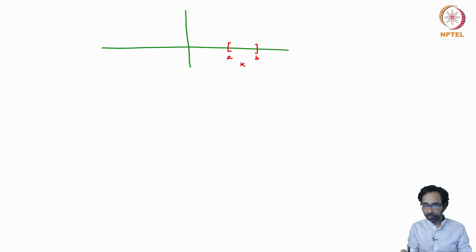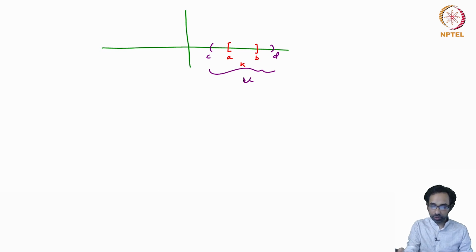So to illustrate this property, let's look at what's happening for the simplest case when you have the real numbers. So suppose you are given a closed set K, and you take any open neighborhood, let's say (c,d). So this is U, an open neighborhood U of K, and now you have two different indicator functions.